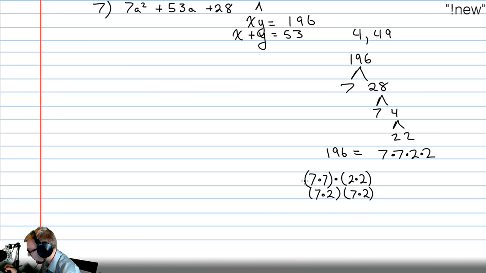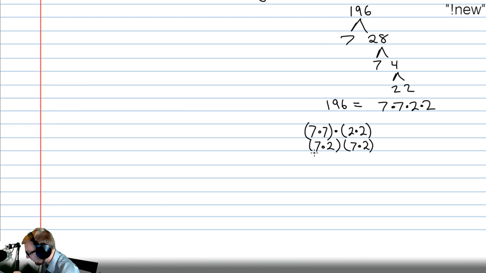I know, but look, watch as I keep going down. What if I go 2 times 2 times 2 times 7, or 7 times 2. Oh, sorry, I wrote the wrong. Too many 2s. 7 times 2 times 2 times 7.